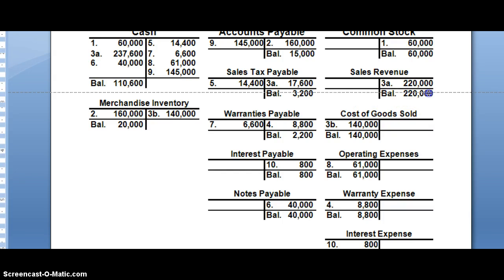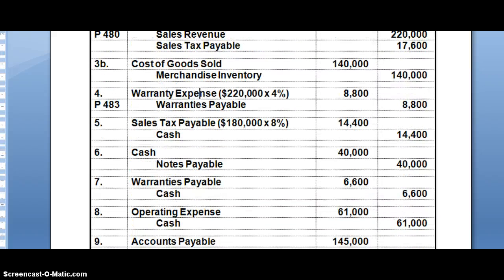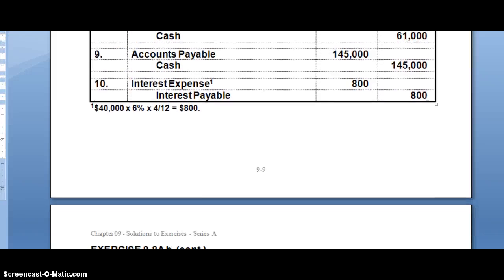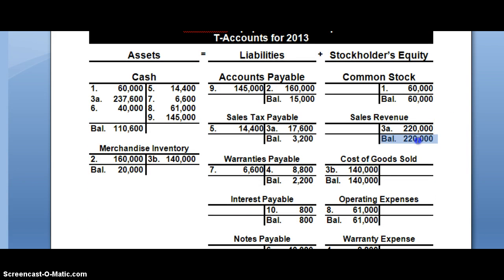So sales revenue is right here, $220,000. Cost of goods sold right here.